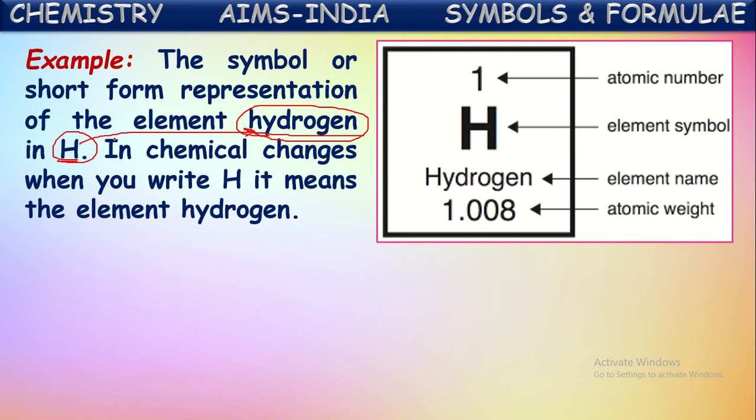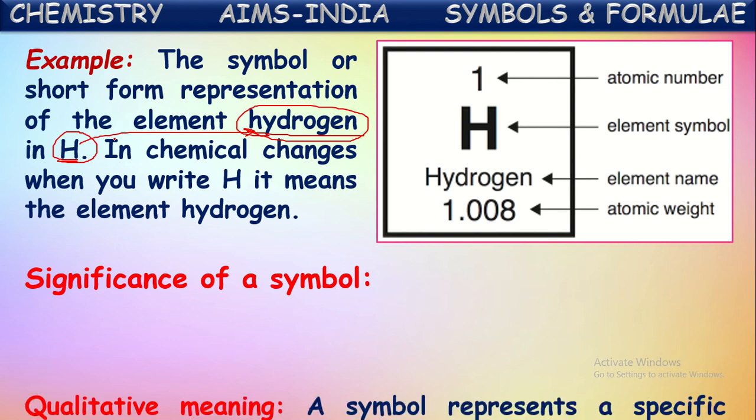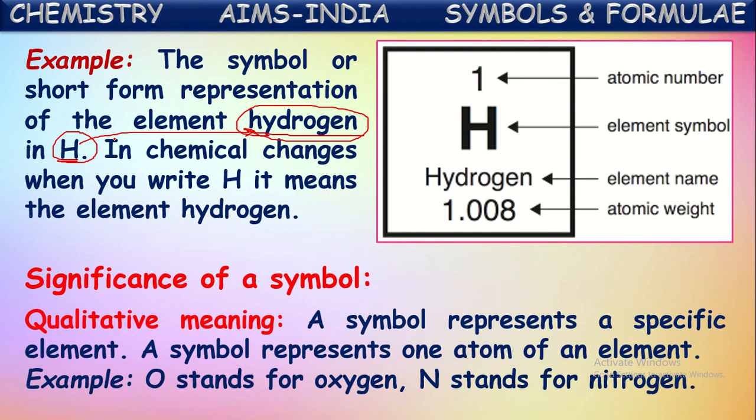Now let us see the significance of this symbol. It has two kinds of significance. One is qualitative meaning. A symbol represents a specific element. A symbol also represents one atom of that element. For example, O stands for oxygen, N stands for nitrogen, and H stands for hydrogen.